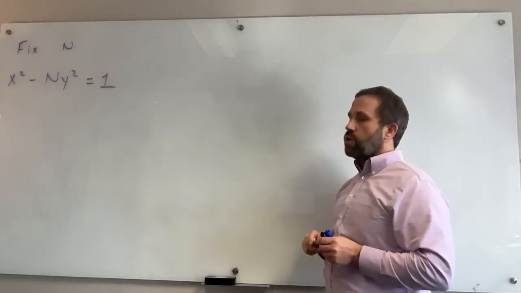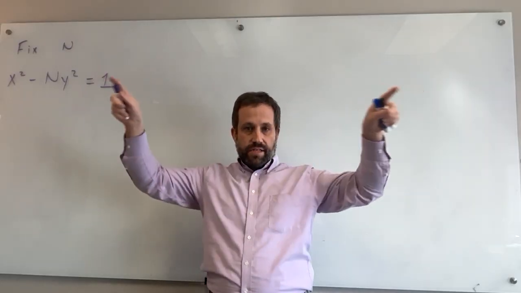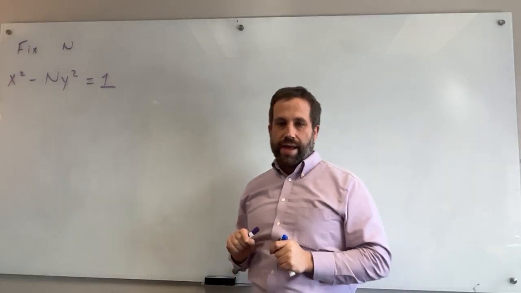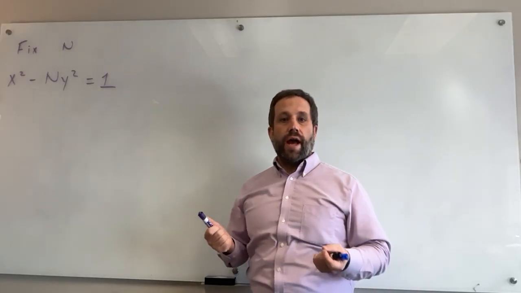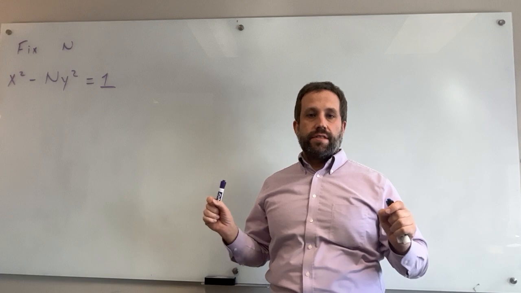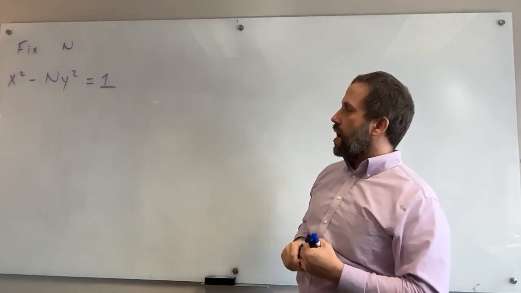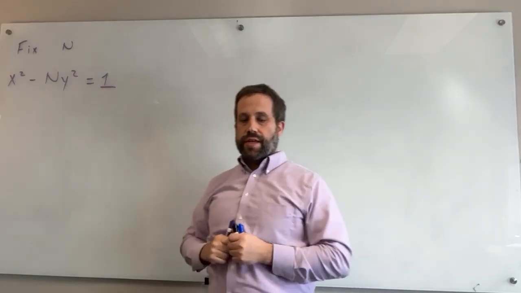What this equation gives us is a hyperbola opening like this. And we want to find integer solutions in x and y. In other words, we want to find integer points on the curve, that is, points with integer coordinates.